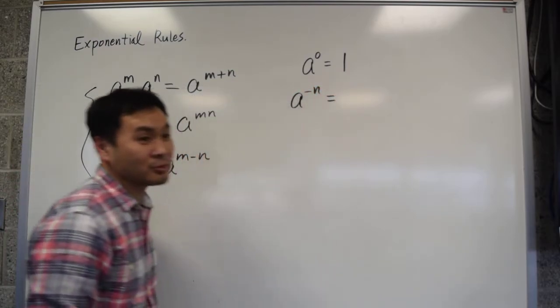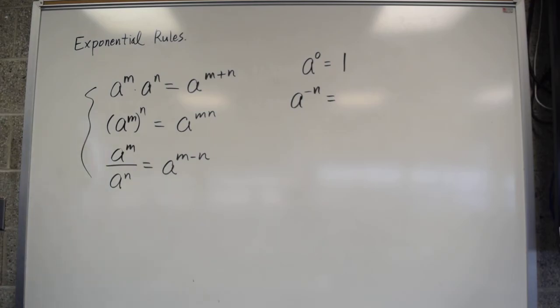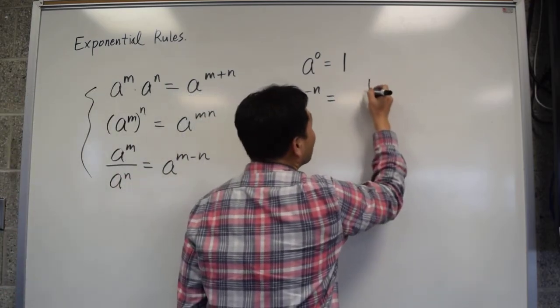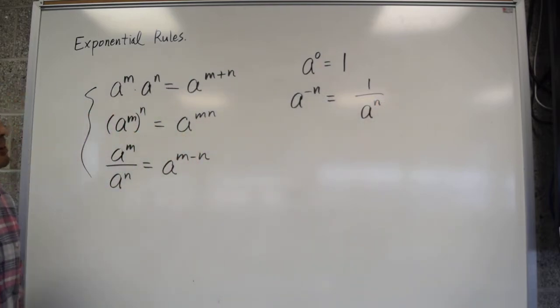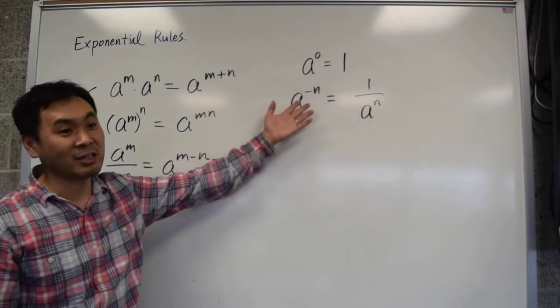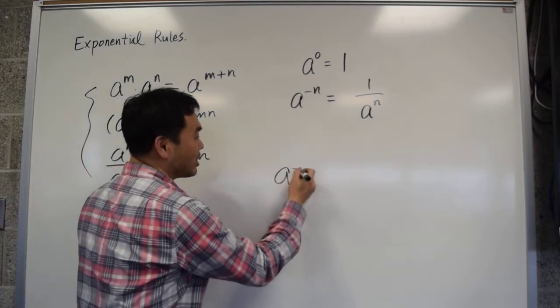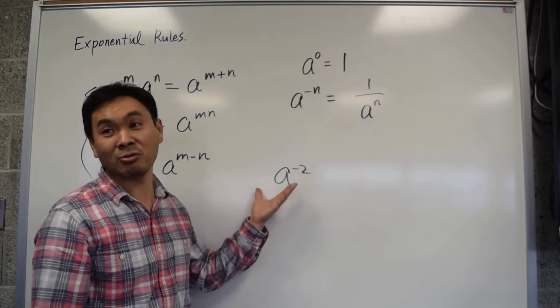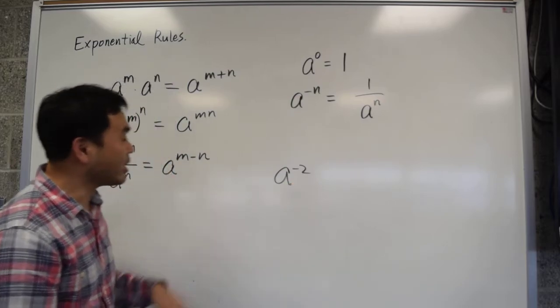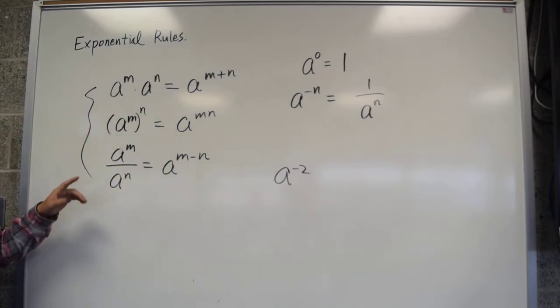Now, what about a to the negative n power? What's that equal to? 1 over a to the nth power. But again, this doesn't have any meaning. What do you mean by a to the negative 2? Doesn't make sense. How can you multiply a negative 2 times, right? You can't. However, look at this.